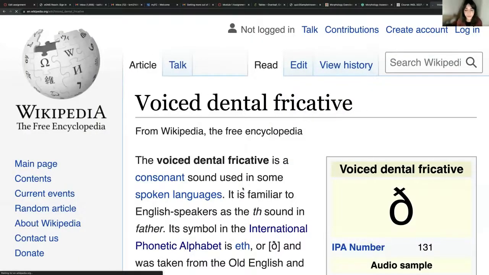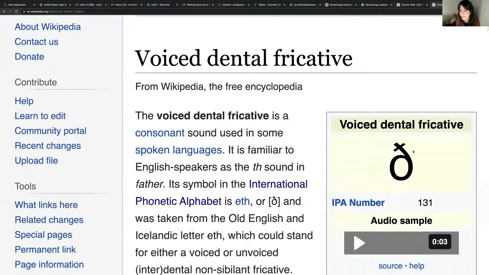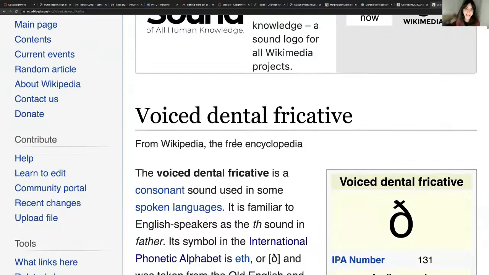It's going to take you to a separate Wikipedia page for that symbol that you don't know, and you can play it. The. The. So it tells me how to produce that sound that I'm not familiar with.